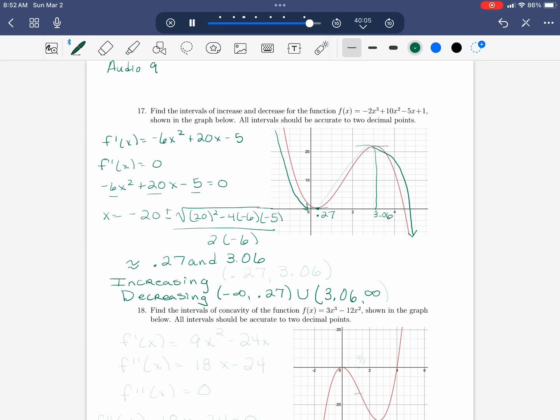Sorry if I said negative infinity. And it's going to be increasing, as you can see, from 0.27 to our maximum of 3.06. So increasing.